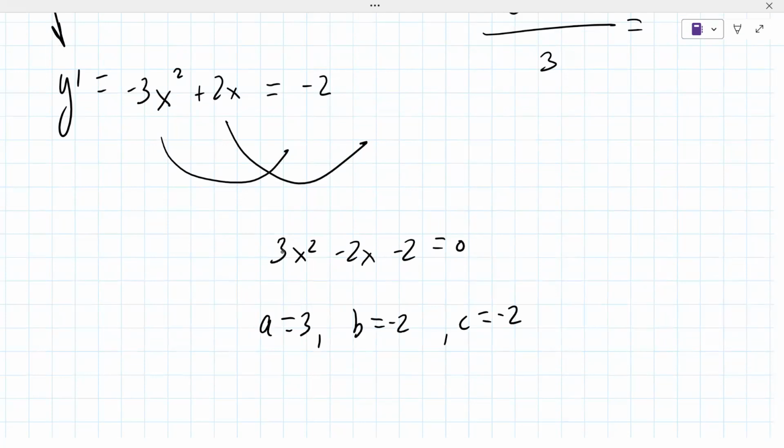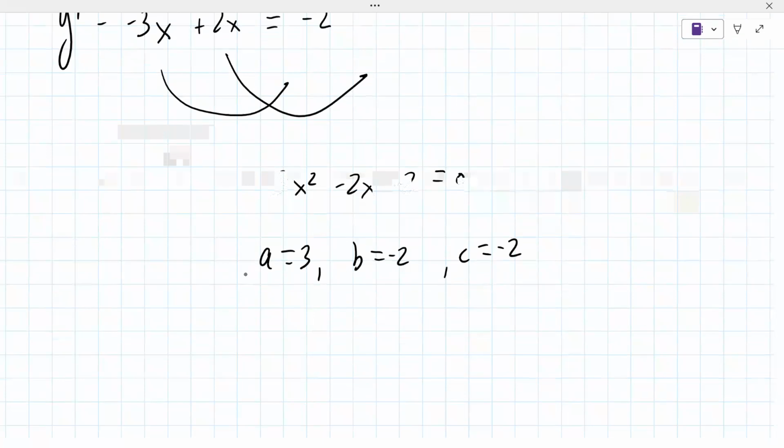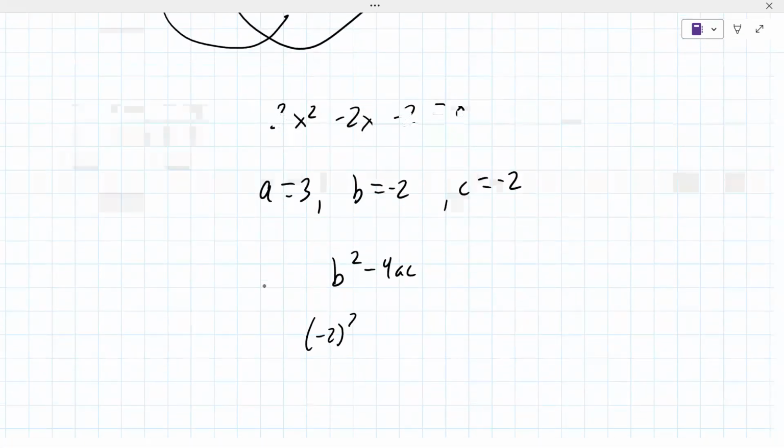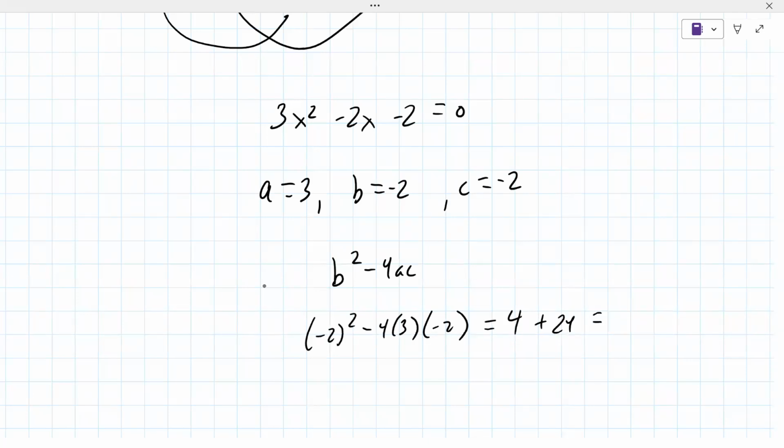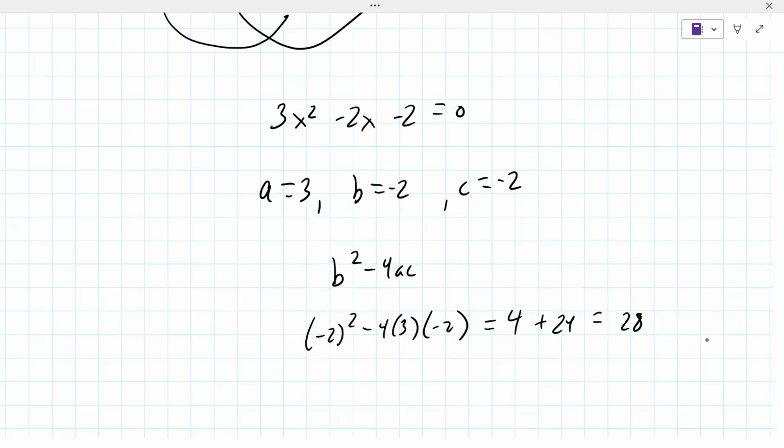So you set it up, and then you just work it out. You typically do the b squared minus 4ac first, just to see if maybe it works out nicely. That's minus 2 squared minus 4 times 3 times negative 2. This ends up being 4 plus 24, which is just 28. So that doesn't help. But it's minus b plus or minus the square root of that, all over 2a.